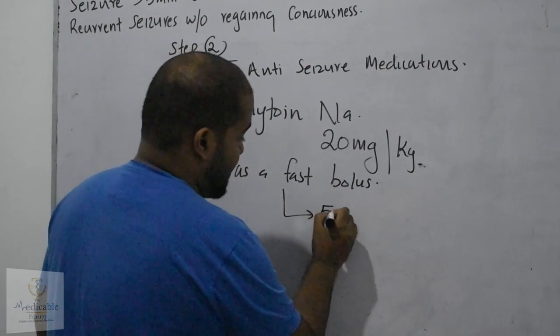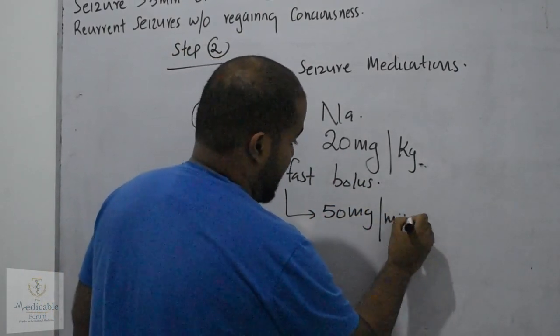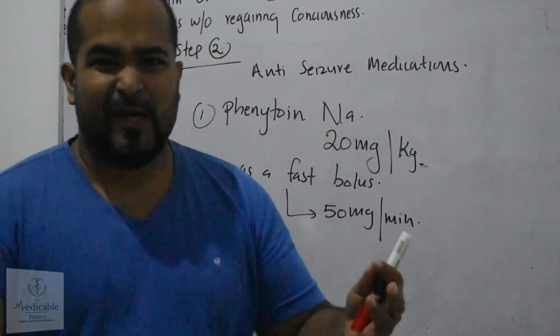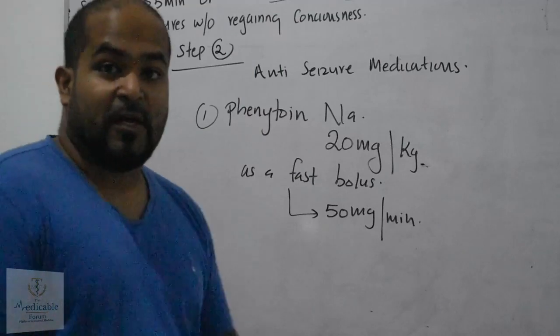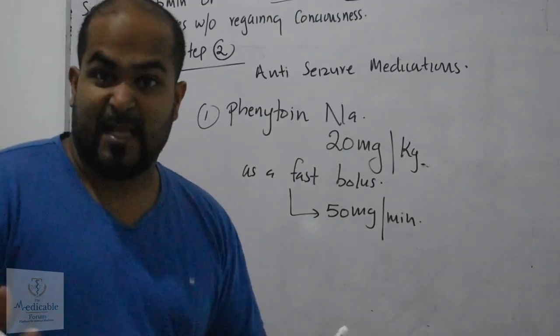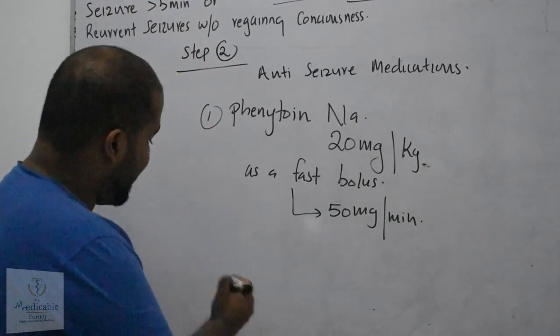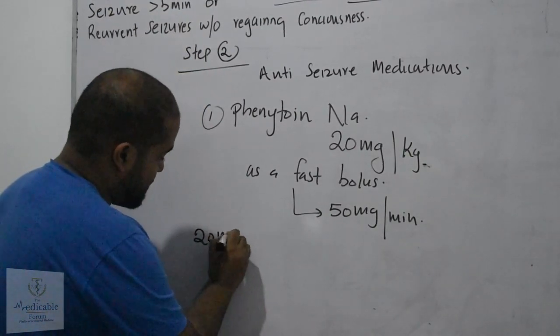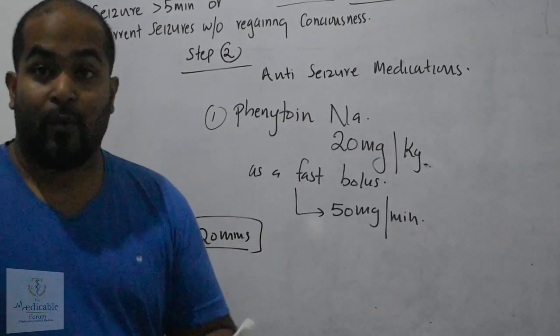The rate is 50 milligrams per minute. So it usually goes within 20 minutes, it's in. So then with this you see how it goes. Then at the end of 20 minutes, you have to assess what is happening.